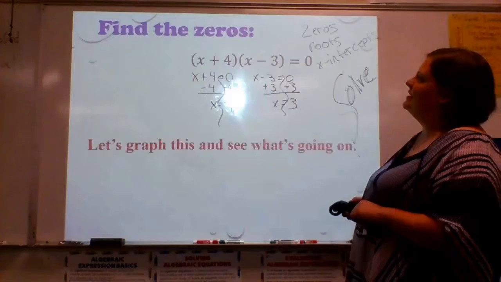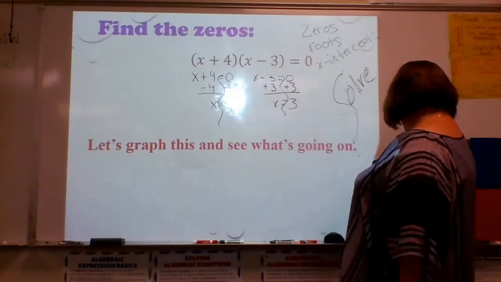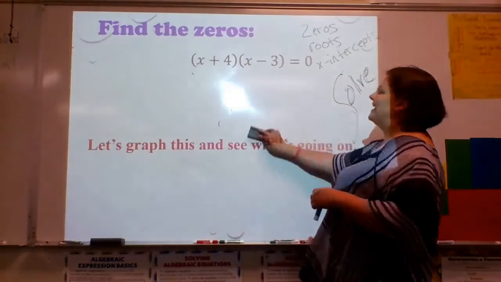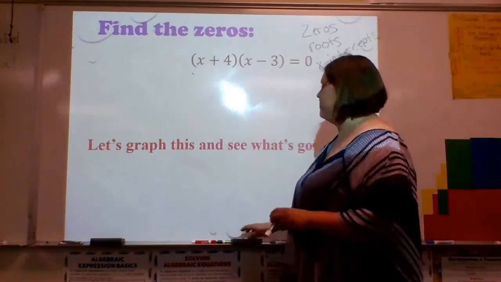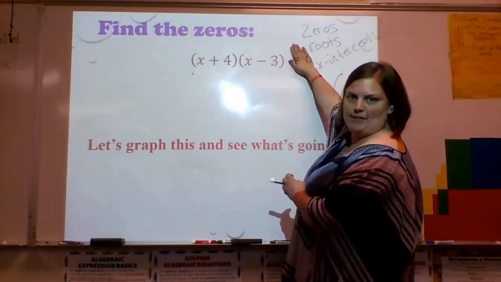All right. The next one says, let's graph it and see what happens. So go into your Desmos, and you're going to graph it without the equals 0. So hit pause, go ahead and graph it without this part, and see what happens to your graph.